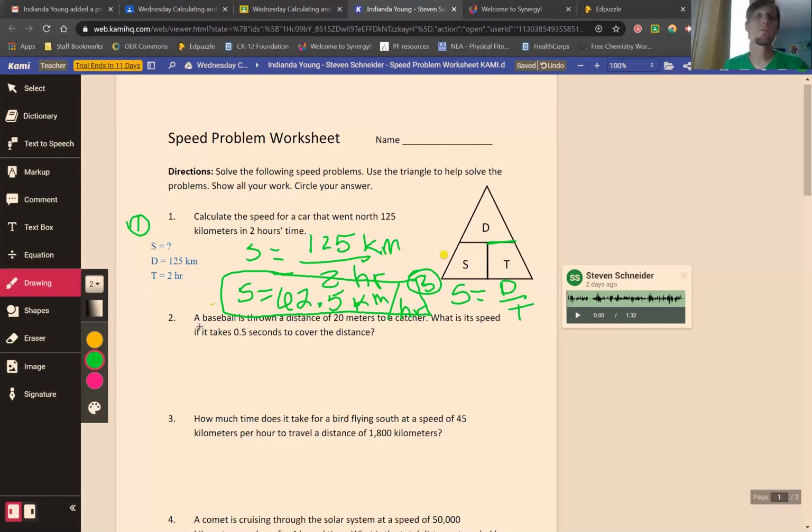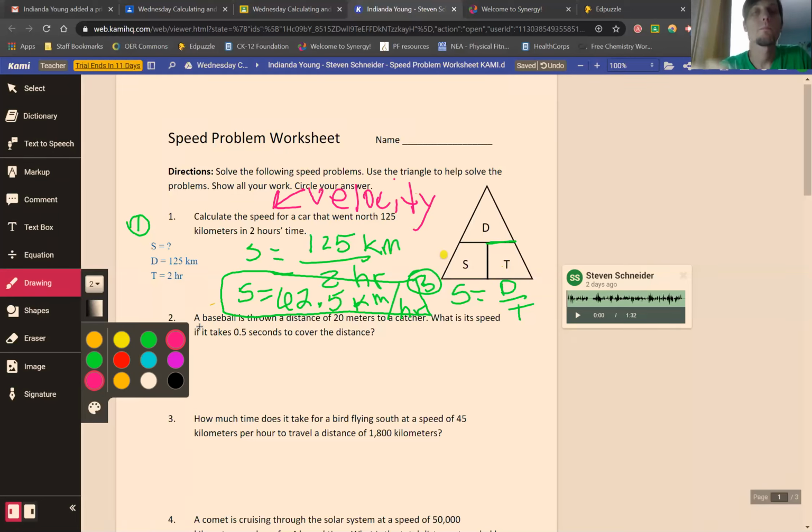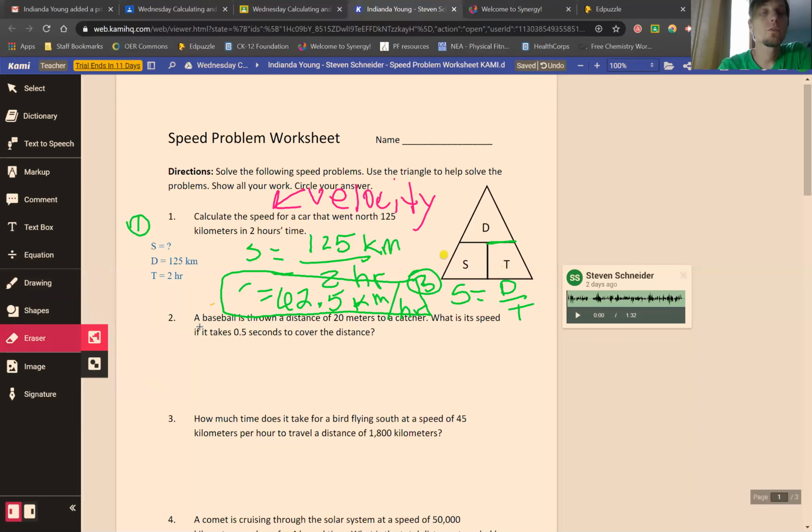If I was asking for velocity, like for instance, if this said calculate the velocity, how would you do this differently? You wouldn't. It'd be the same thing, except that we would add velocity here instead of speed.